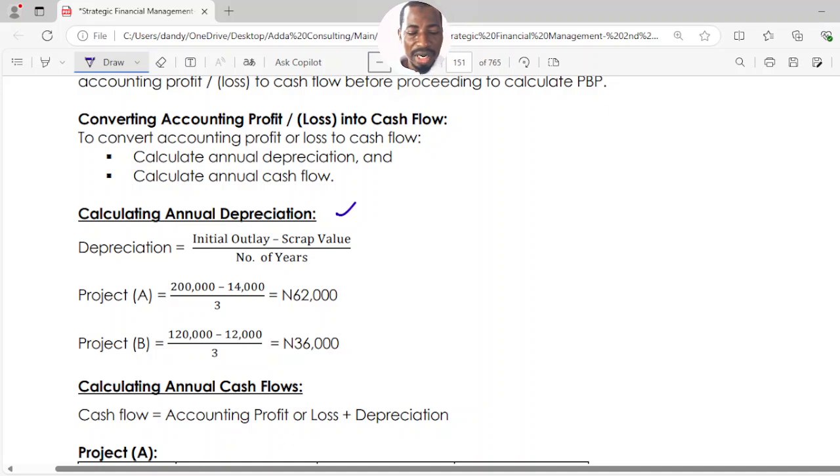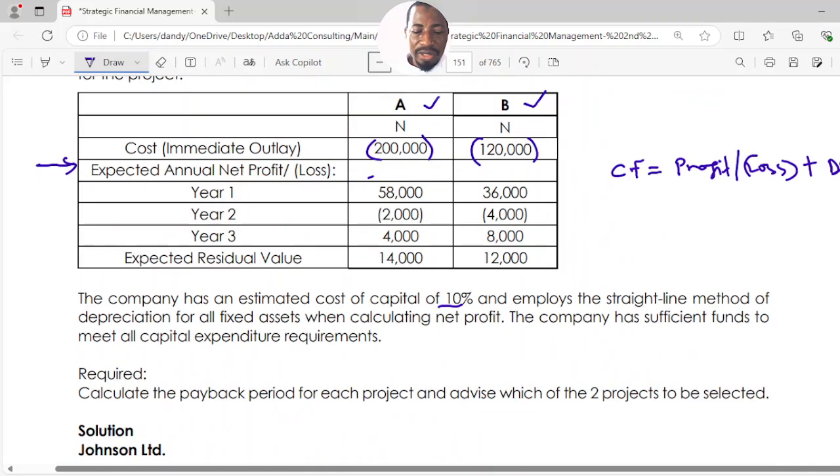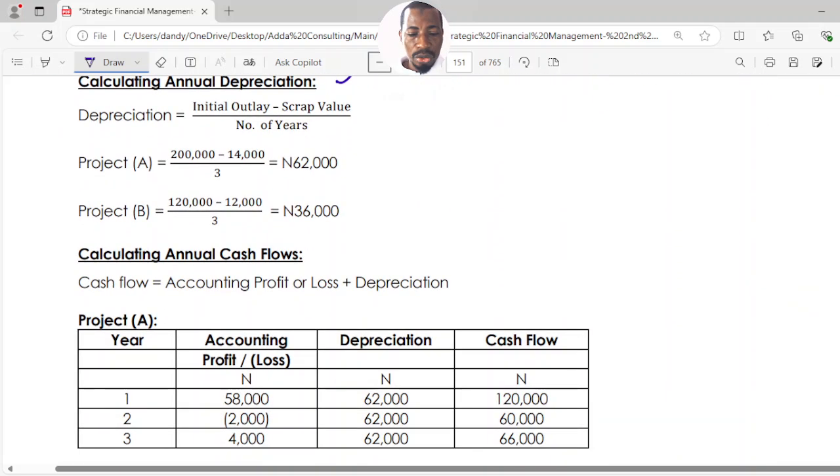Residual value of project A is 14,000. Residual value of project B is 12,000. So you now have 200,000 minus 14,000 divided by the useful life. That's what produced the 62,000. Again, for project B, initial outlay is 120,000, scrap value is 12,000, useful life is 3 years, then annual depreciation is 36,000.